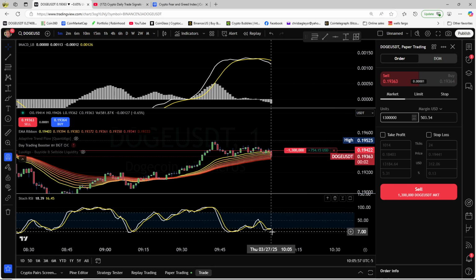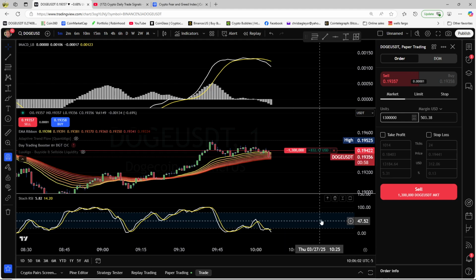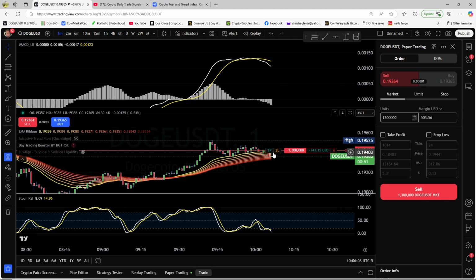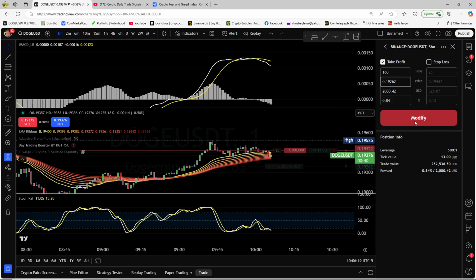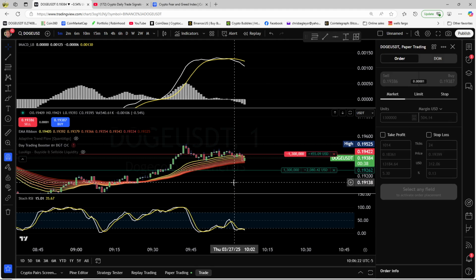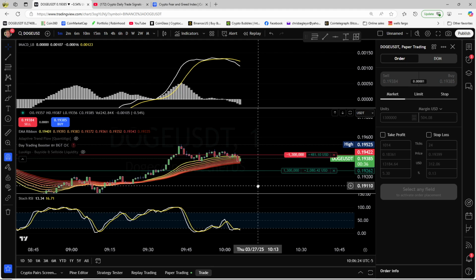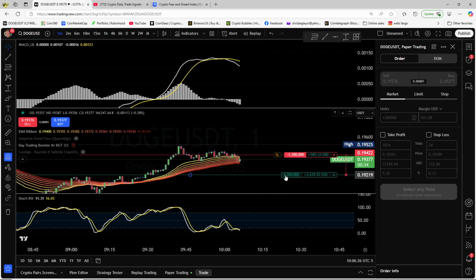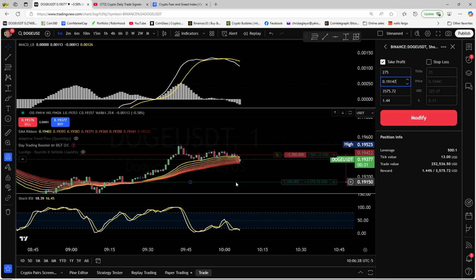I want to see this white line come down here to this 0, 0 line. There we go. Come on. All right, I'm going to drag this take profit down here. Actually, I think I'm going to drag this baby way down here.